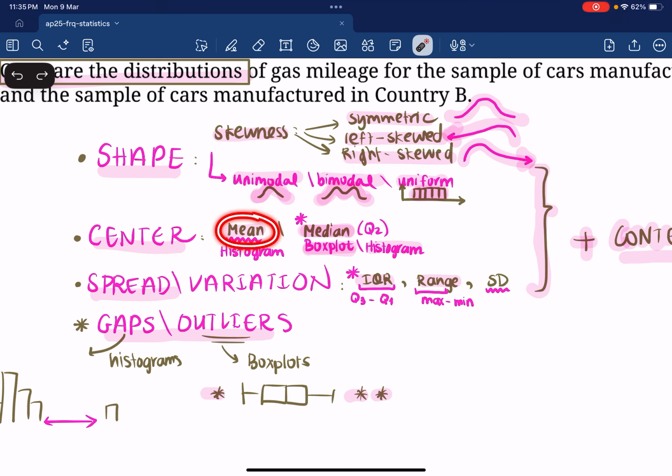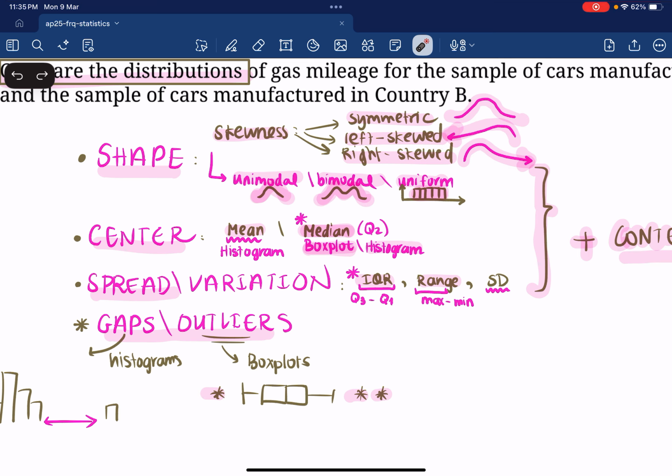Whereas the mean is a weak measure of center. It is highly affected by any changes in the distribution, and it's usually pulled towards the tail. So if a distribution is skewed to the left, the mean is pulled towards the left. And if a distribution is skewed to the right, the mean is pulled towards the right.